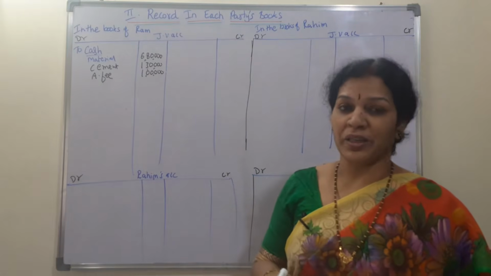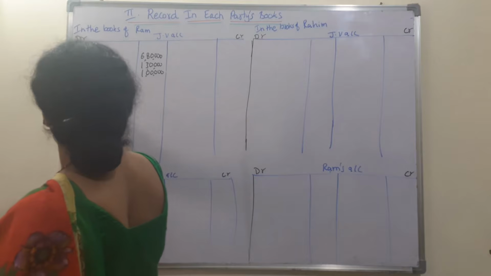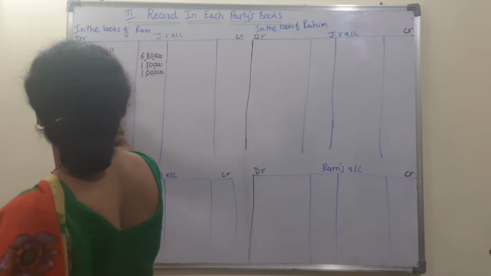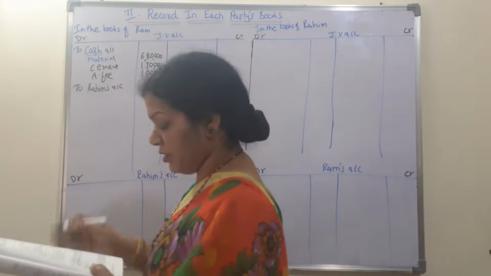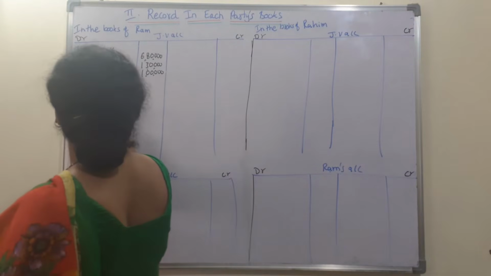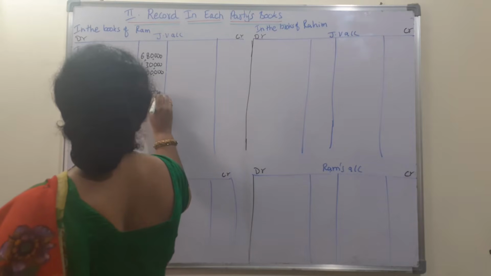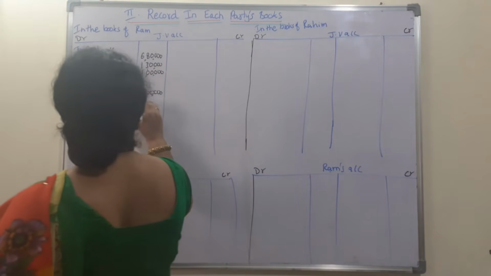Now the expenses of Raheem, you can say directly to Raheem's account. This is cash account and Raheem's account. All the expenses of Raheem will be written under this. So material is 5 lakh. Next cement, 1 lakh 70,000.